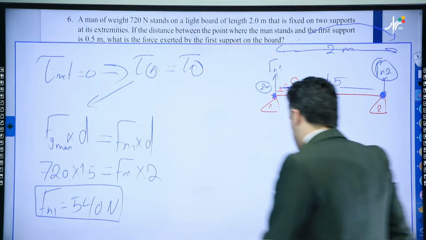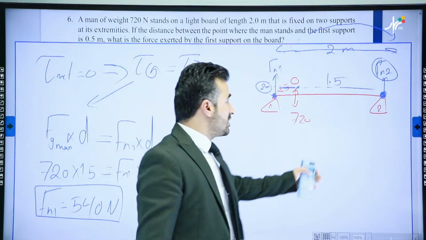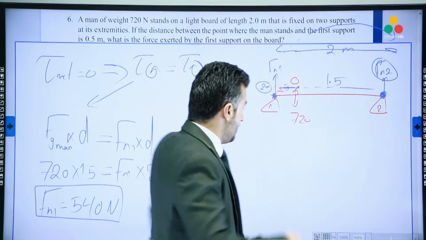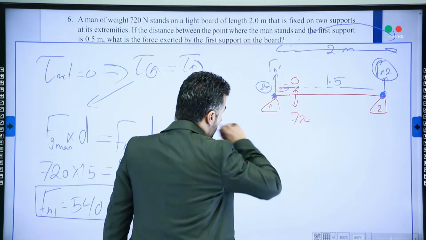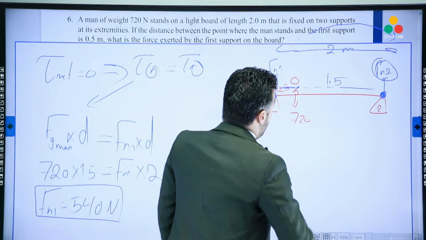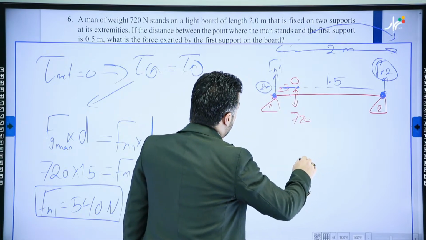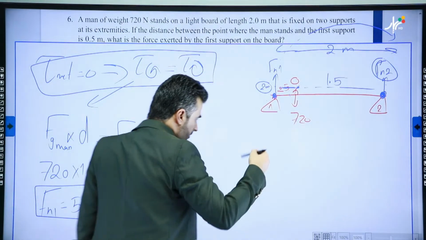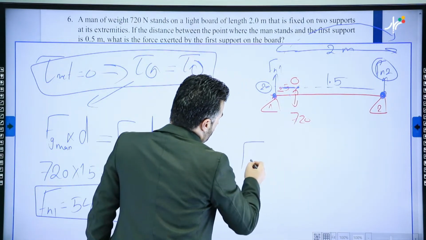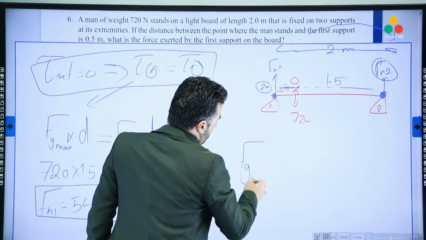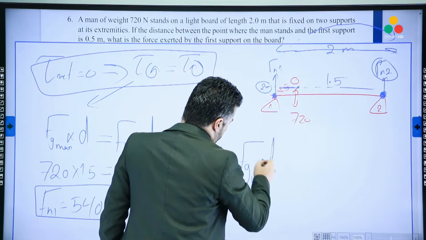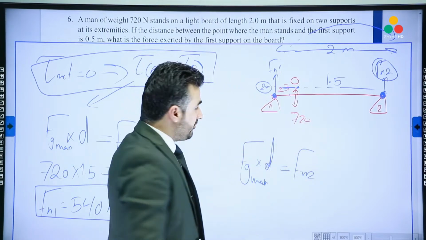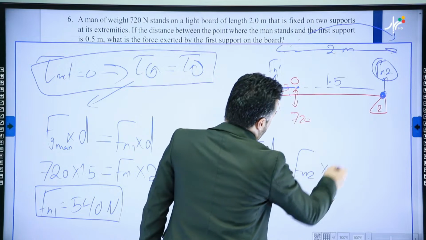If the question were asking, find the force exerted by the second support in the first place, without mentioning the first. Sorry. In this case, we would do the same thing that we've done here. I'm not going to write it again, but we'll say Fg of the man multiplied by the distance is equal to Fn2 this time, because the question is asking for F2, multiplied by the distance again.